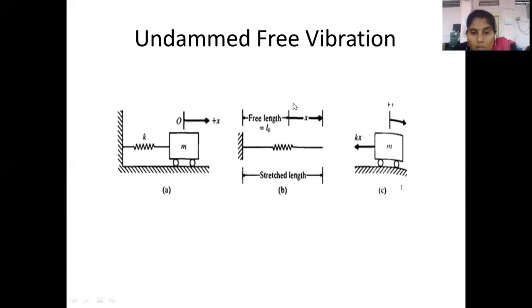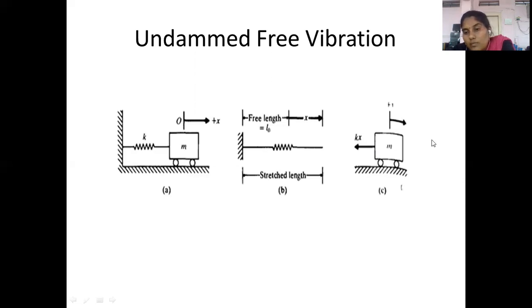Okay. In the free body diagram, K into x is the restoring force produced in the spring, where m is the mass of the system, and m into x double dot is the mass into acceleration. So only these two terms remain: mx double dot plus kx.